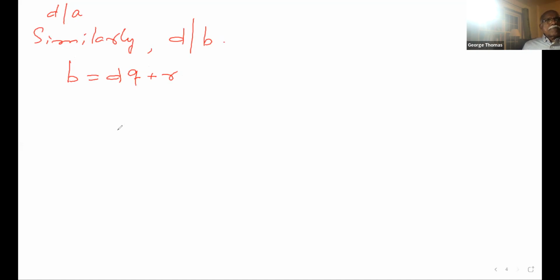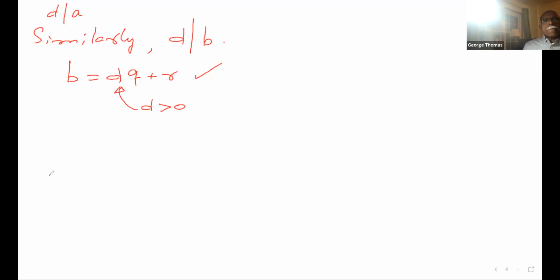B can be written like this too, because D is bigger than 0, because D is contained in that set S. Therefore, we can apply the division theorem and write like this.